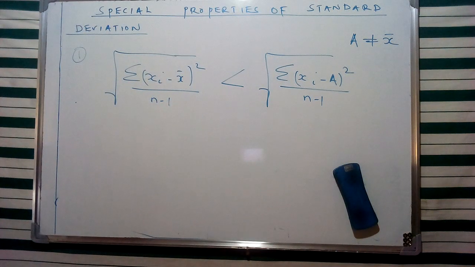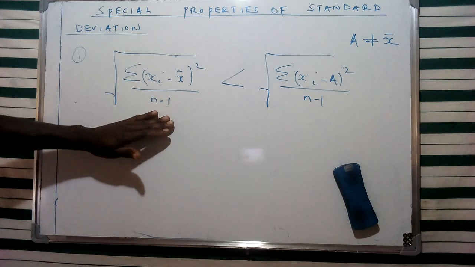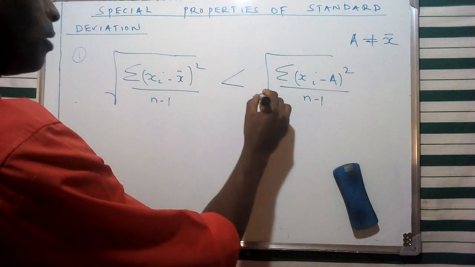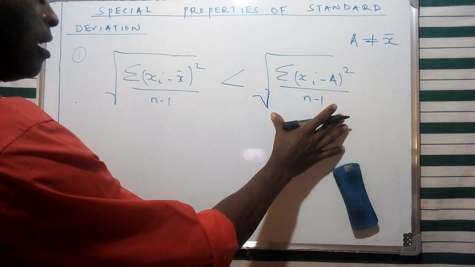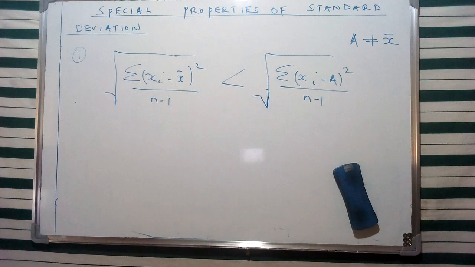Therefore this is one of the special properties: if we find a standard deviation about a value a, the evaluation is always going to be greater than this one, and this is one of the special properties of the standard deviation.